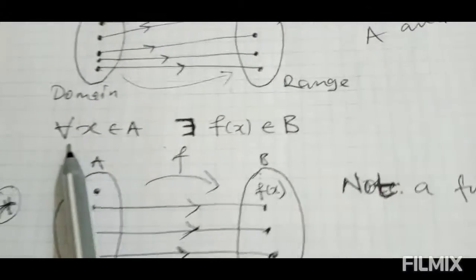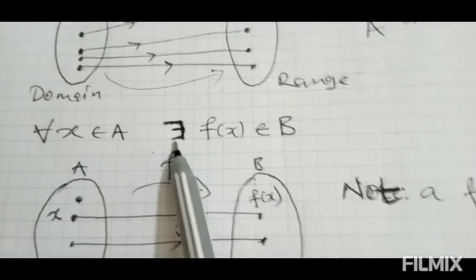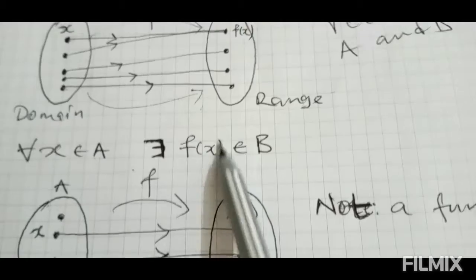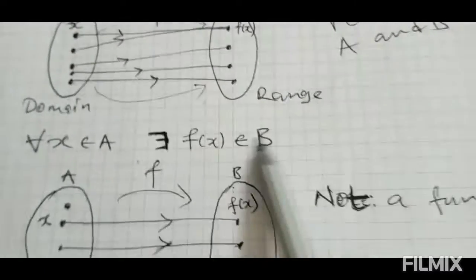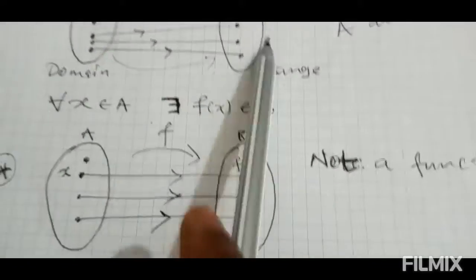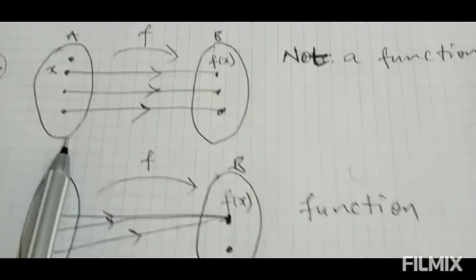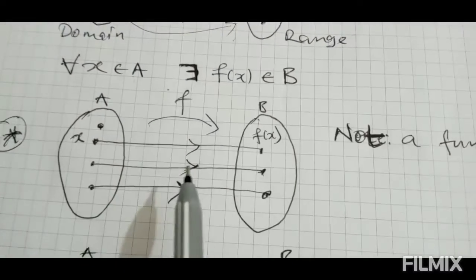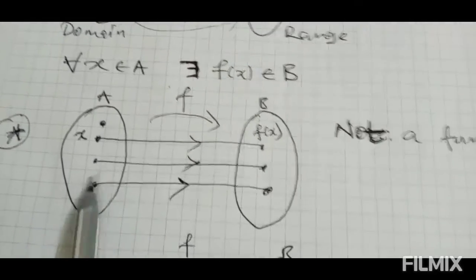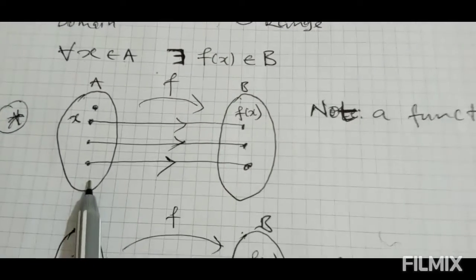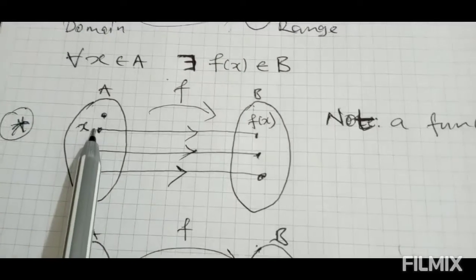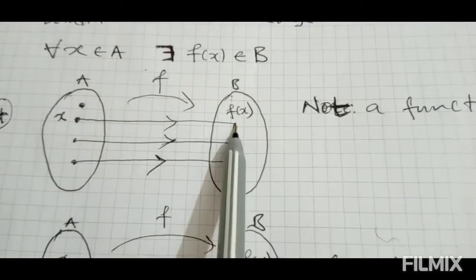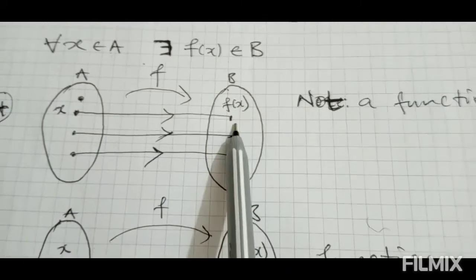So for every x a member of A, there exists at least an element f of x which is a member of B. So I give you this relation. Let's look at this one. This one is not a function because, look, this element goes to this element, there is at least one image here.